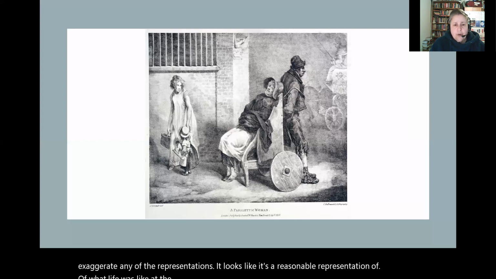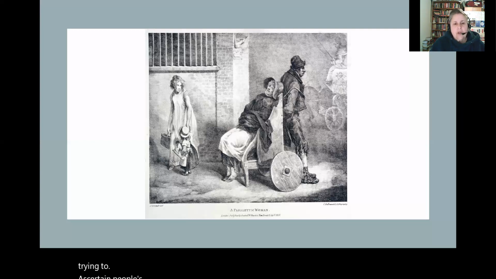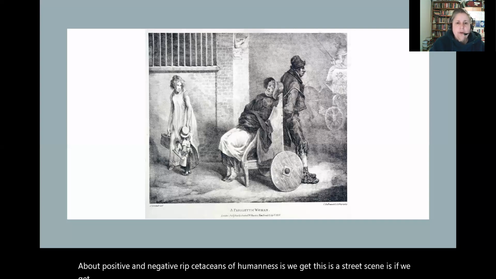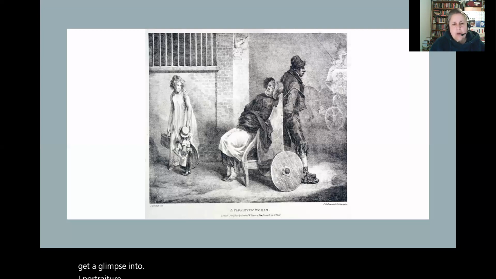And what's really impressive for me from the point of view of trying to ascertain people's views about ableism, about ability, about disability, about positive and negative representations of humanness is we get, this is a street scene. We get a glimpse into a representation in 1821 in London.